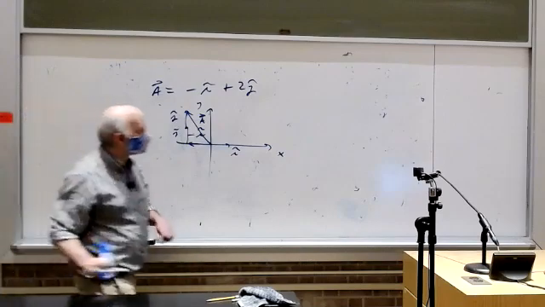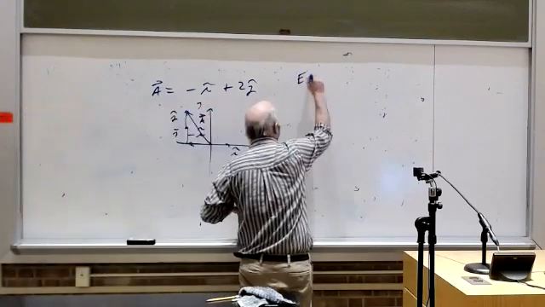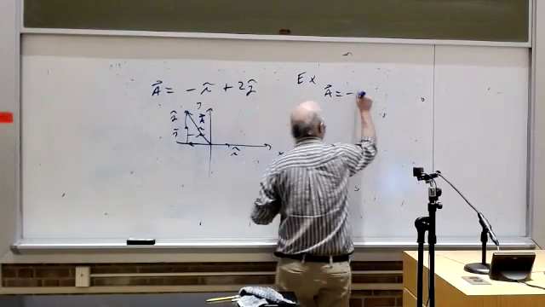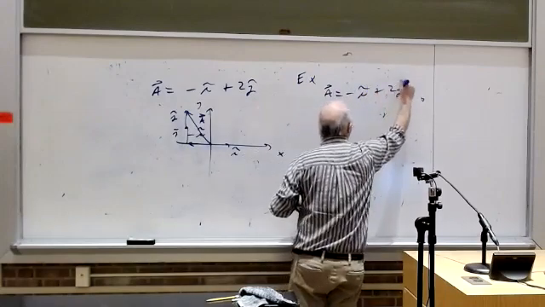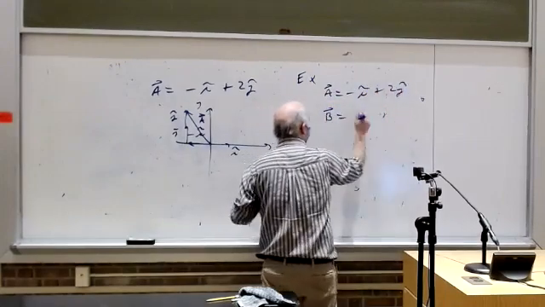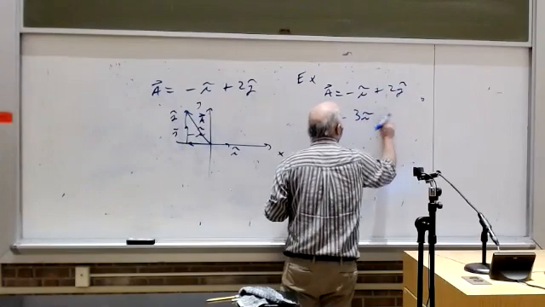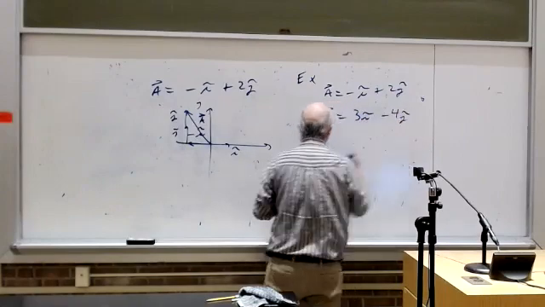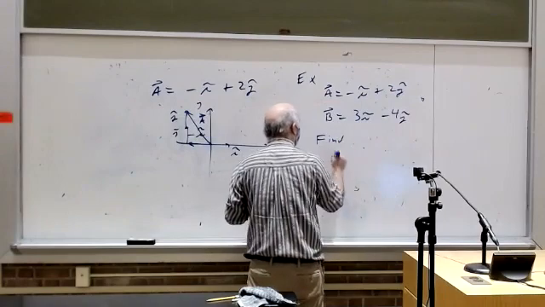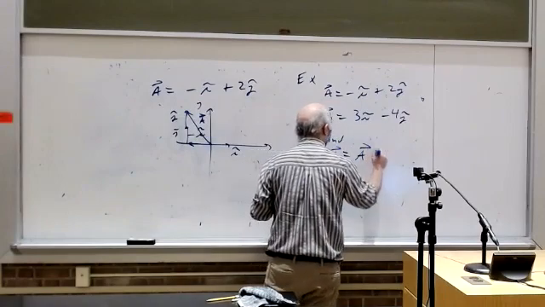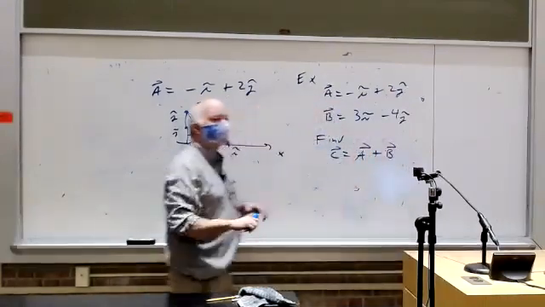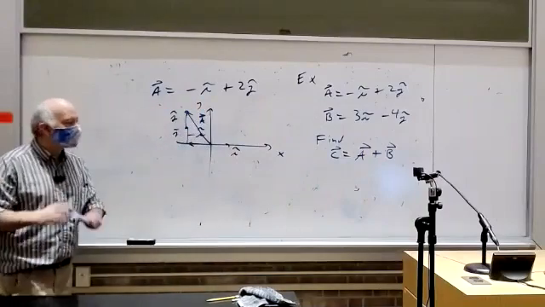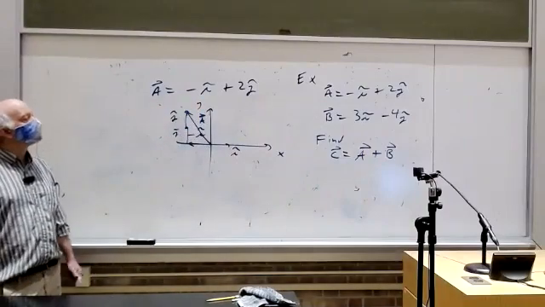So let's try another one. Let's say you have vector A here, which is minus I hat plus 2J hat. The vector B here is going to be 3I hat minus 4J hat. I want you to find C equals A plus B. What would that be?